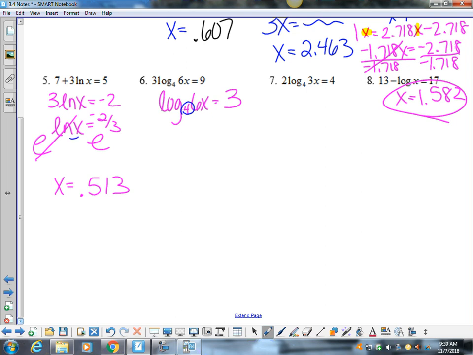Just like this base was an e, we just don't write it. His base is a 4, so I'm going to exponentiate it with a 4. So 4 to the and 4 to the. Yes, the 4 and log base 4 cancel. 6x falls down just as cute as can be. Guys, 4 cubed. We know what that is. 64. Then divide by 6.